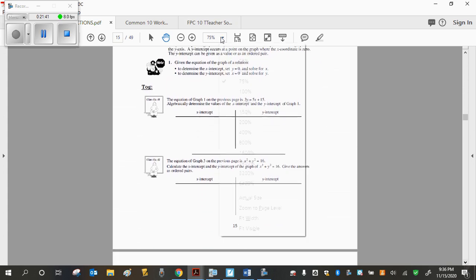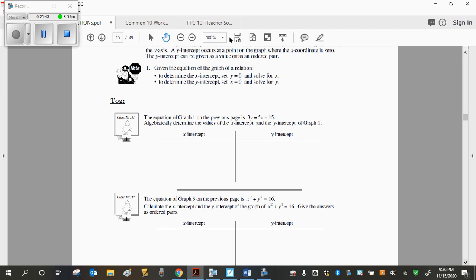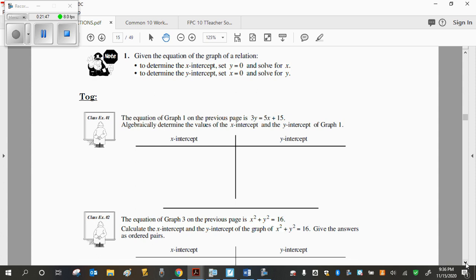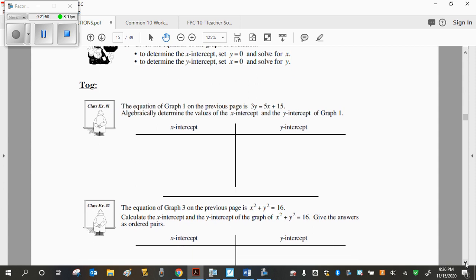Exactly what the dots say on the top of the page here. To find the x-intercept, you're going to set y equal to 0 in the equation and solve. And to determine the y-intercept, you're going to put x equals 0. So again, it's kind of the opposite of what your brain thinks. For x-intercept, y equals 0, and for y-intercept, x equals 0.